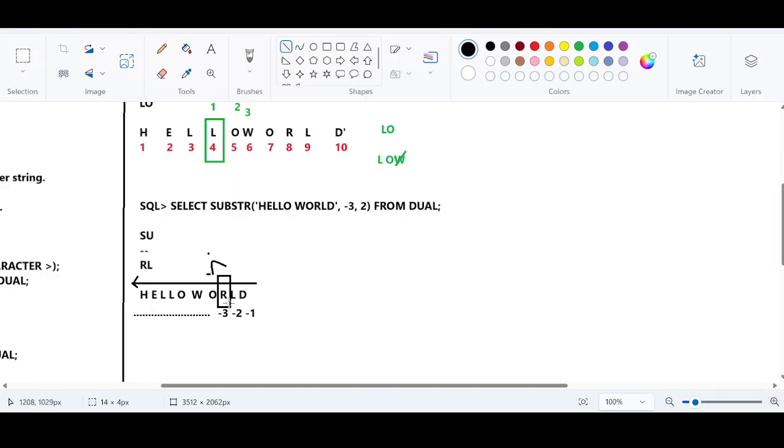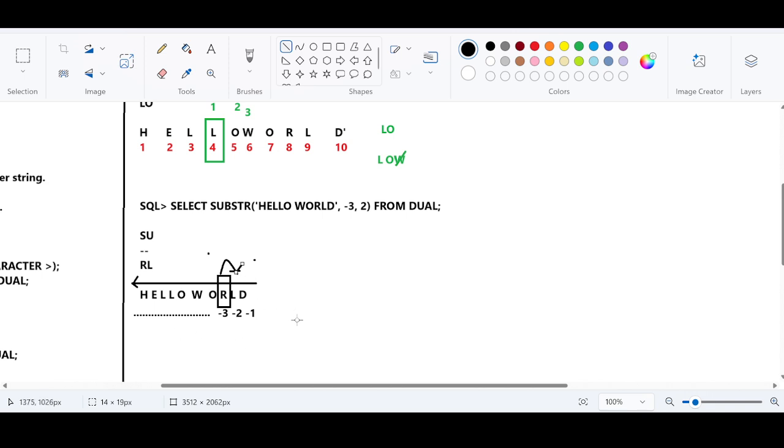Sorry, guys. Only the direction is getting changed, and the length, my mistake. Length is counted from left to right. There is also another function which does the opposite.